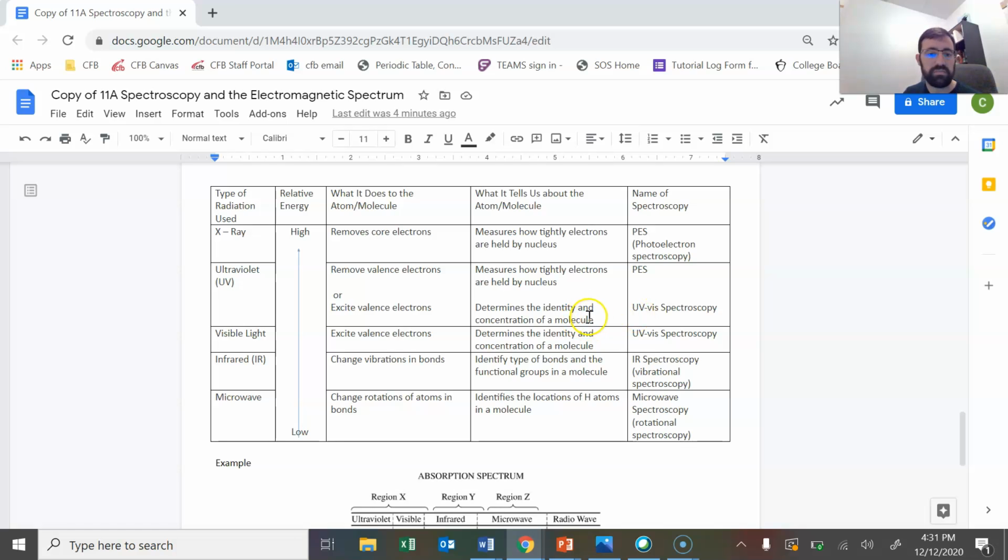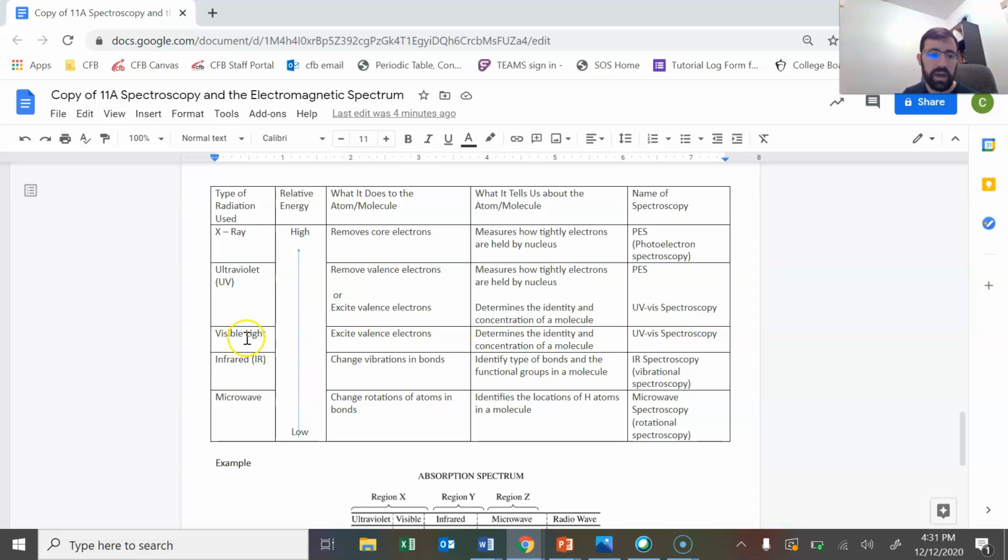If we're just exciting the electrons to a higher energy level, that's UV-vis spectroscopy, ultraviolet and visible range. We call that UV-vis spectroscopy. It's used to tell us what the molecule is.